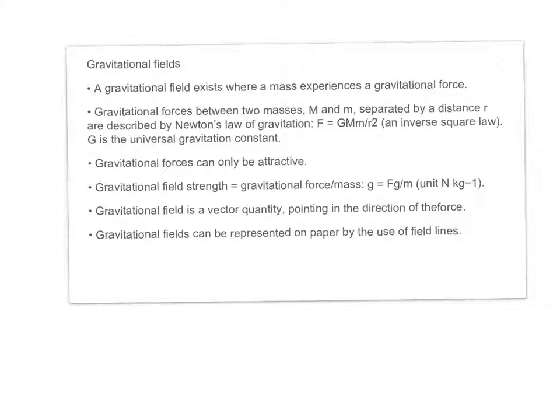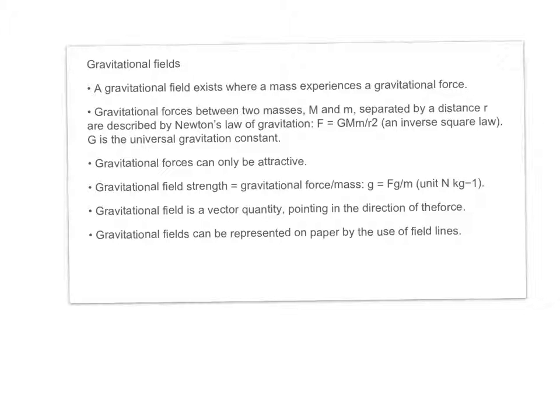The two m's represent the mass of the object in the field and the mass of the planet, respectively, and r is the distance between the two objects. This is an inverse square law relationship, and you should remember what that looks like.